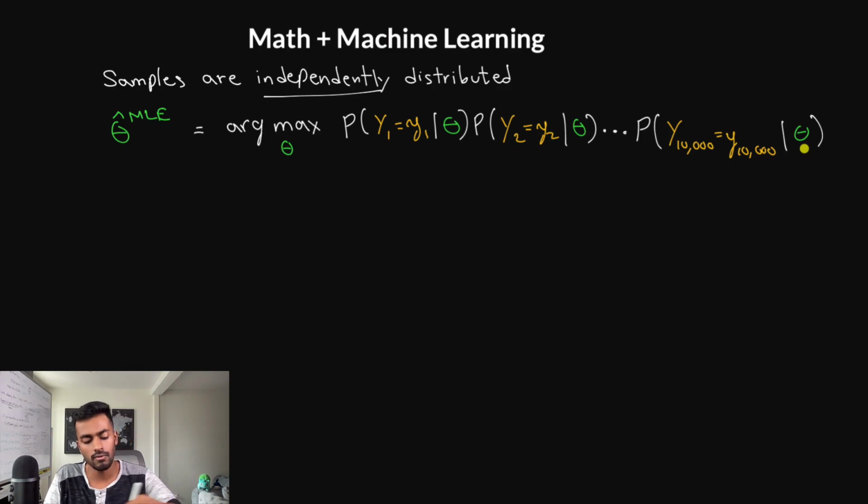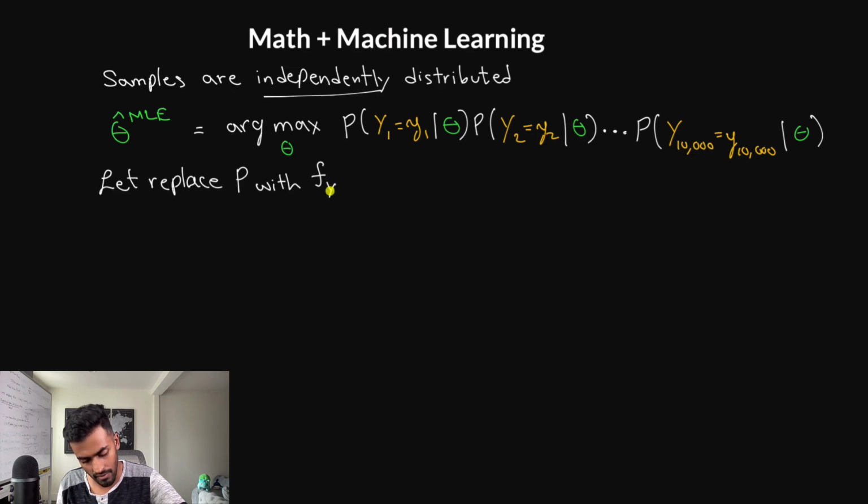All right. So now we're also going to replace this more generic notation of P, the probability distribution function, with a probability density function, since we know that each of these are continuous random variables. And to represent a continuous random variable, we typically use the notation of F followed by a subscript of that random variable yi. So let's see how that looks here.